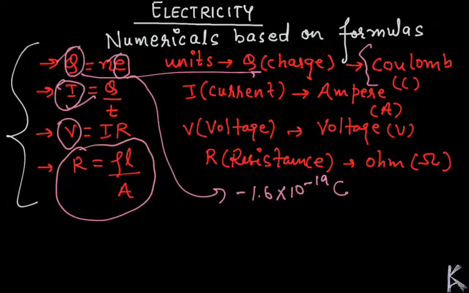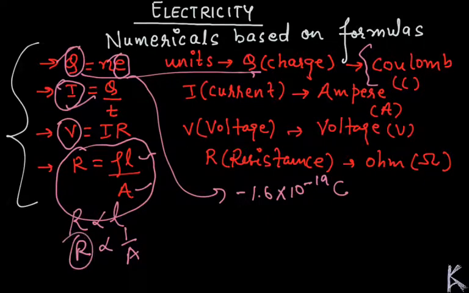Okay. This formula tells us about the dependency of R on L and A. So R, the resistance, is directly proportional to length. As the length increases, the resistance will increase. If the area increases, the resistance will decrease.